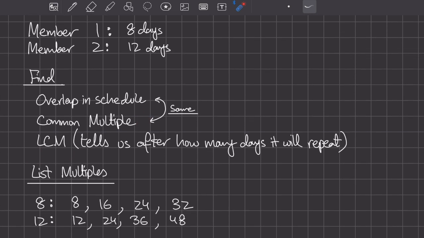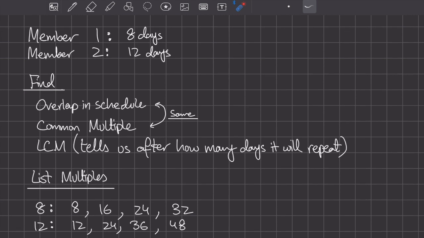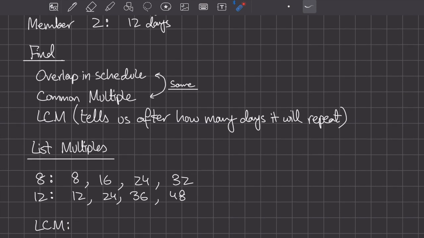Now, let's first solve this by listing the common multiples. The multiples of 8 are 8, 16, 24, 32, and the multiples of 12 are 12, 24, 36, and 48. Here, we can compare and find the LCM to be 24.